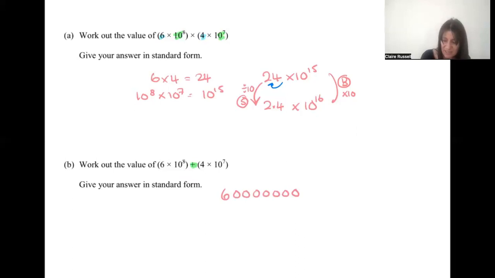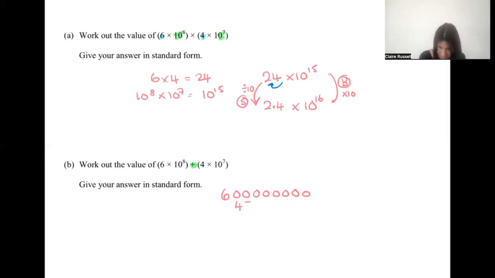And the easiest thing to do is to not just chuck some zeros in, because I don't know whether I've done enough. I always just get them down and then I count 1, 2, 3, 4, 5, 6, 7. It's 10 to the 8, so I do need another 0. So that is possibly one of the ways to do it. 4 times 10 to the 7 is just going to be 1 zero less.